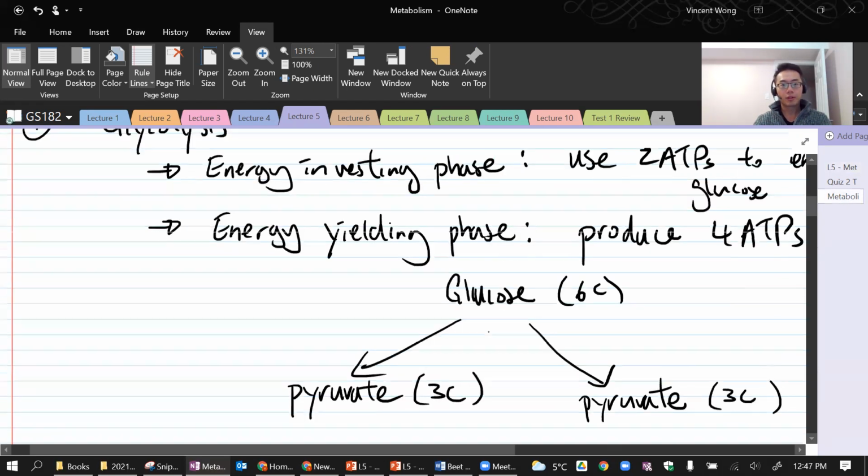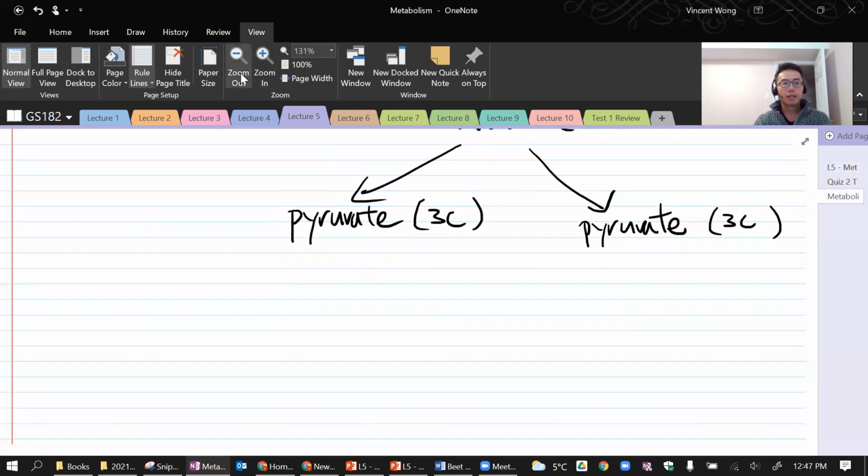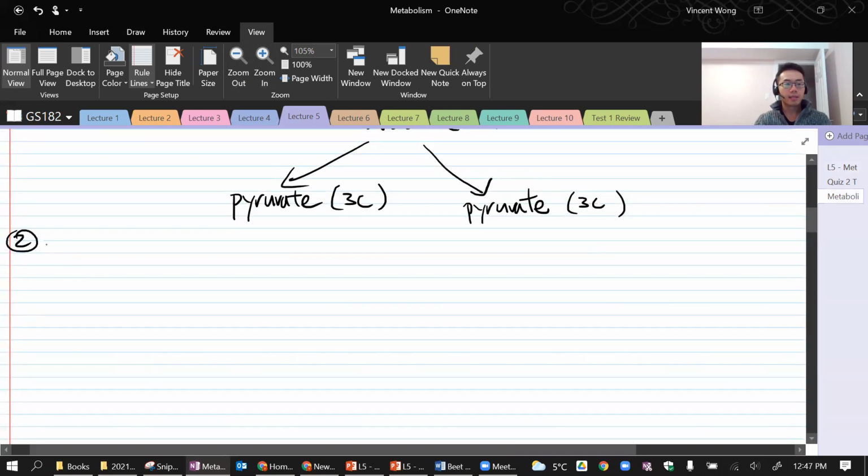Let's continue with our journey. So the second step is pyruvate oxidation. As the name implies, you are going to oxidize pyruvate. What does that even mean? Well, to oxidize something means you take electrons from them, right? So you will remove more electrons from the pyruvate.